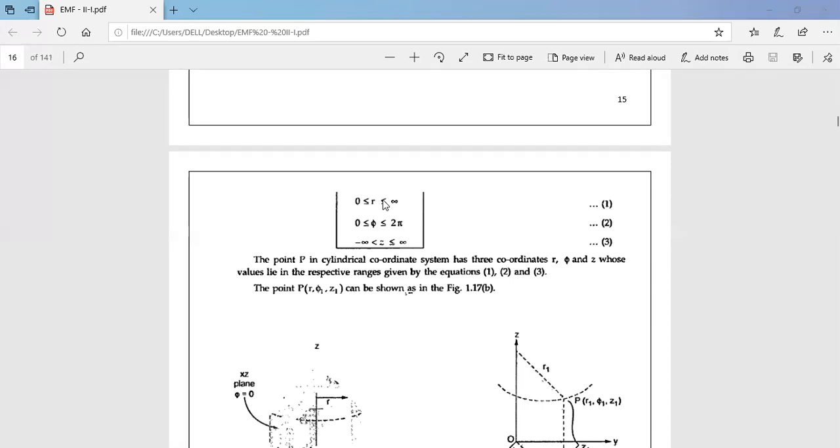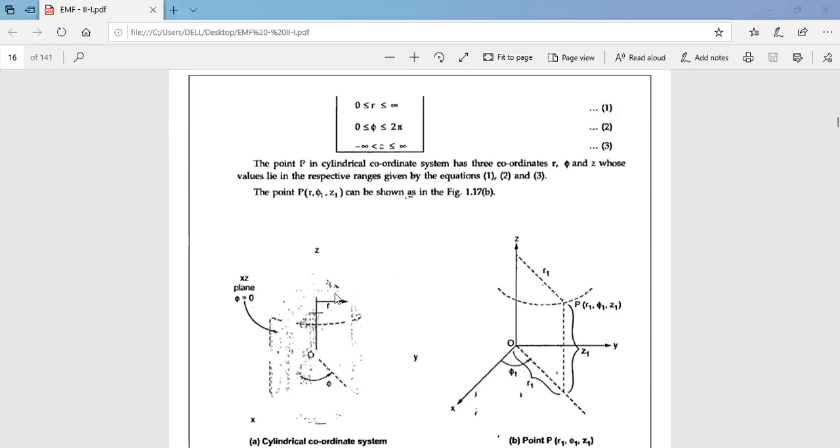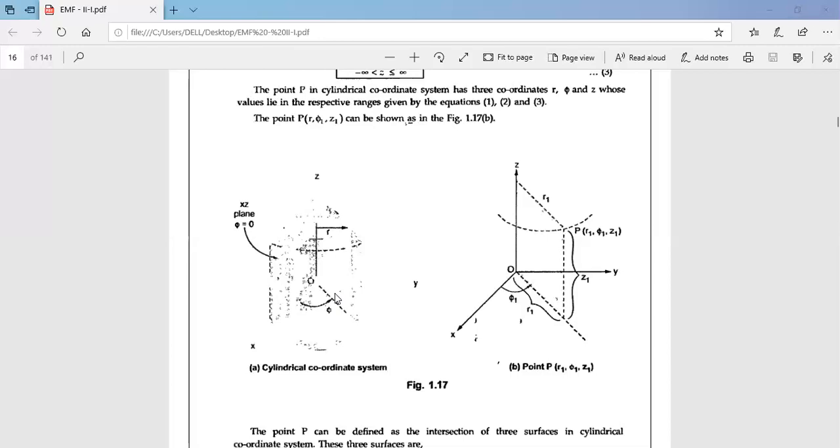In the cylindrical coordinate system, with R, phi, and Z, you can locate any point. The same way as we would identify a point in the Cartesian system as X, Y, Z, in the cylindrical we would have R, phi, Z. All right, sir. So the point would be somewhere along the radius at a particular height Z, at a certain angle from the origin.